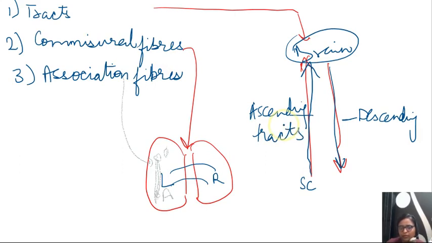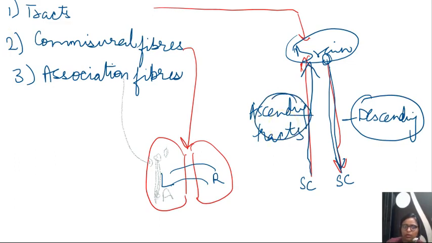Fine. And the tracts which are taking the information from your brain and bringing it down to the spinal cord, they are coming down from your brain to your spinal cord. So these are called your descending tracts.